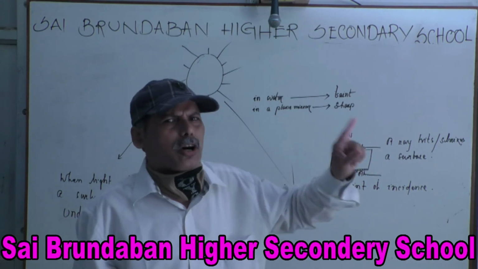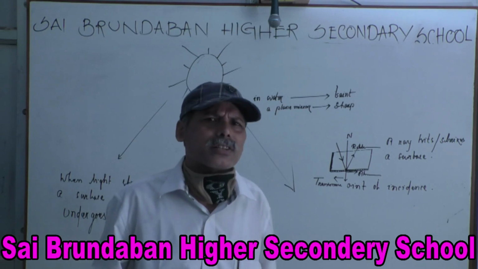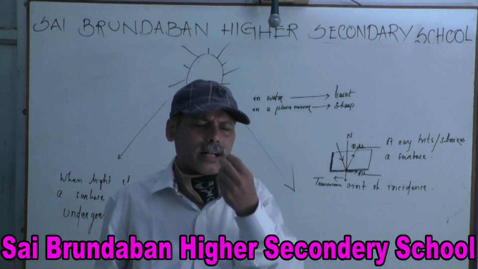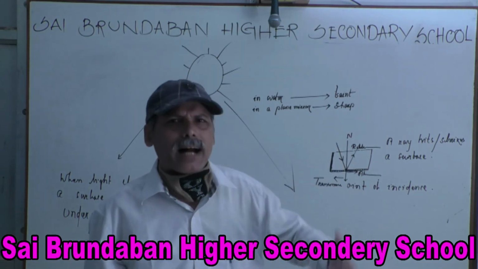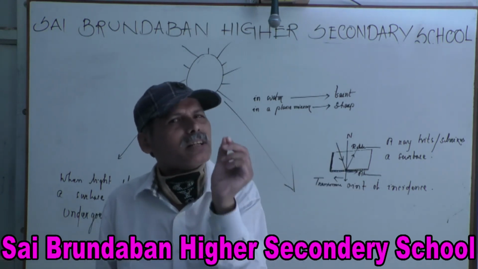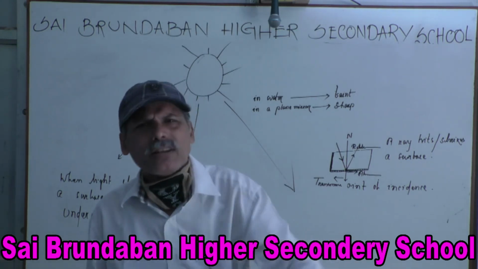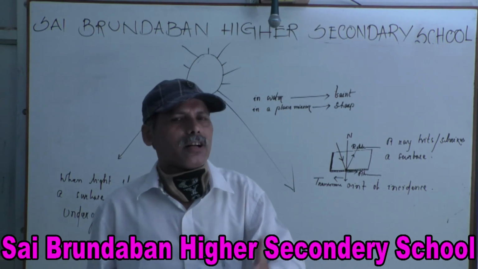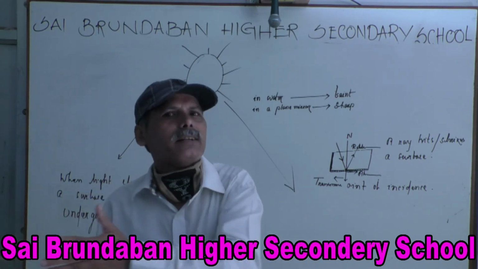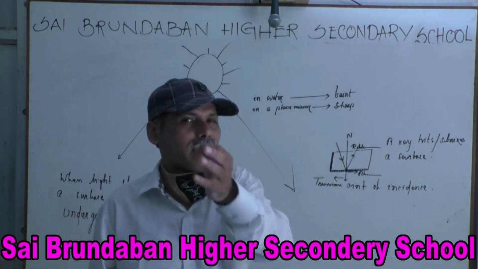Why does it become warm? Because of absorption of energy. Some part of the incident ray is being absorbed by the thin film of the glass. That's why heat is generated. Heat also is a form of energy. So some part of the energy is being reflected, and a very small amount is absorbed.